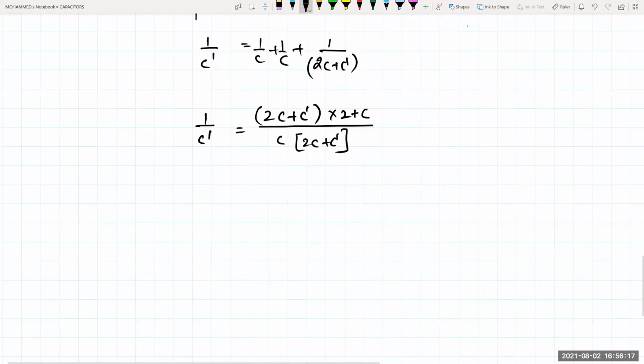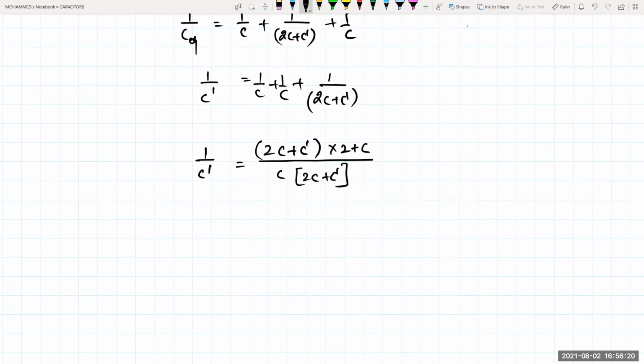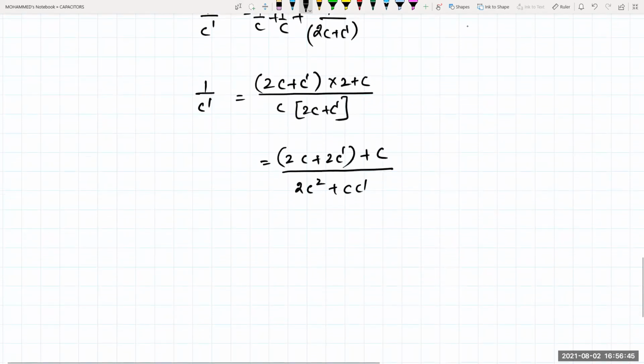So if we simplify this, see how much it becomes. This will become how much? 1 by C dash, this one is 2 into 2, 4C. This one will become 2C plus 2C dash plus C, divided by 2C square plus C into C dash, 1 by your C dash. 2 into 2 is 4, so here 2, you multiply this one by 4.